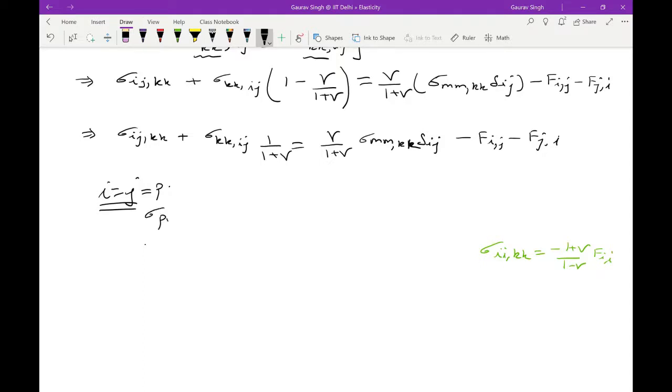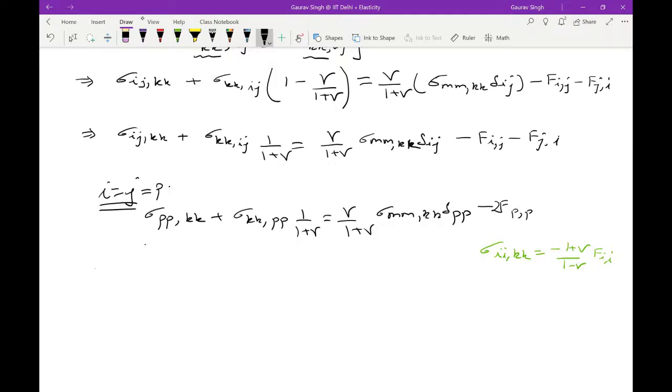So that will be sigma pp comma kk plus sigma kk comma pp, 1 plus nu by 1 plus nu, sigma mm comma kk delta pp minus f p comma p twice.